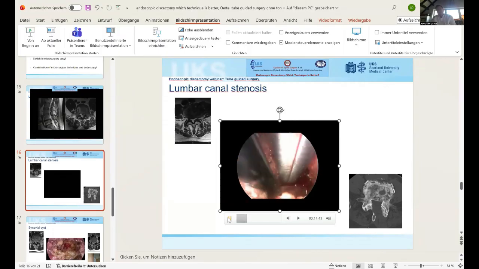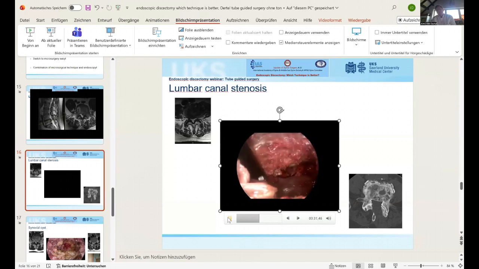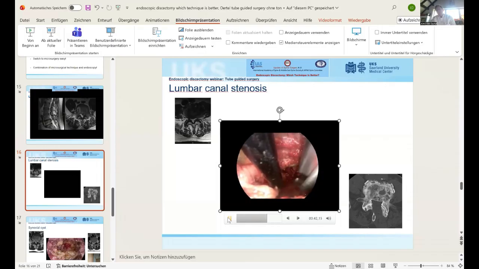It's not only curettes and punch, but you need a drill because the length of the bone structure you have to remove is long. So you have to make a small impression with a diamond burr, and then decompress step by step. You see here that this is done until we have the contralateral thecal sac completely decompressed.